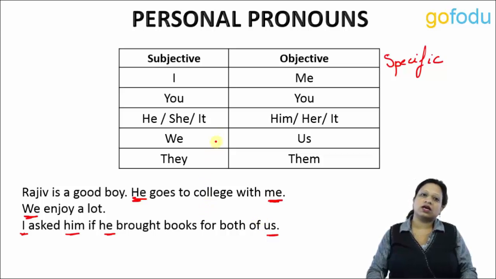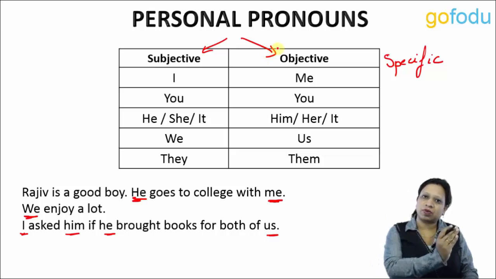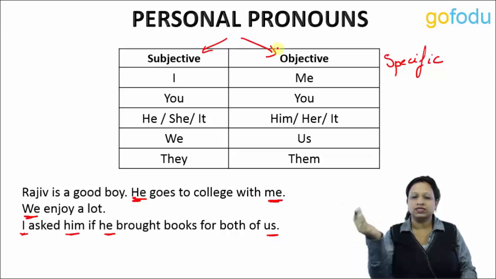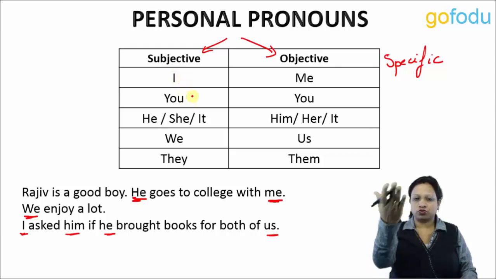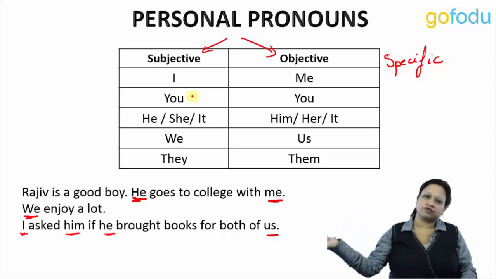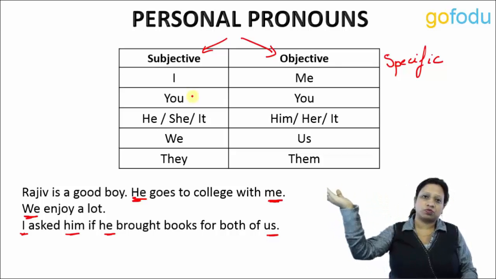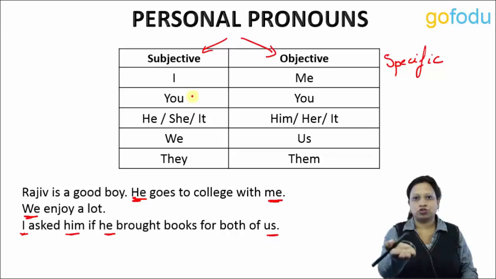We also studied that personal pronouns are of two types, subjective and objective. The pronouns used in the subject part of the sentence are subjective, and in the object part of the sentence are objective. Subjective personal pronouns are I for first person, you for second person, he, she, it for third person, we for plural first person, they for plural third person, and you for plural second person.